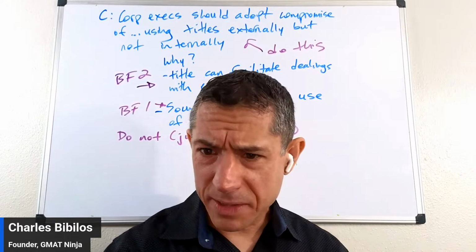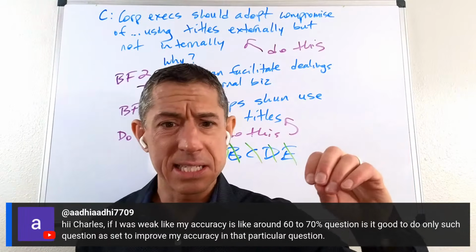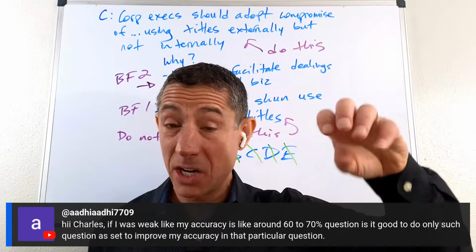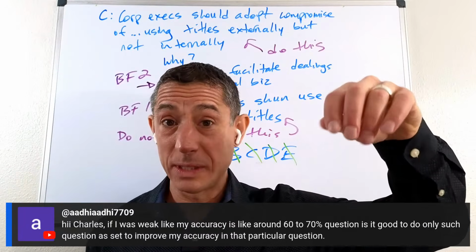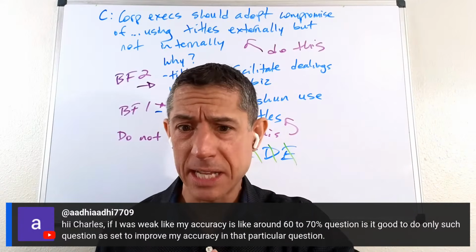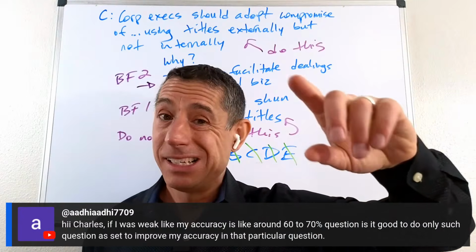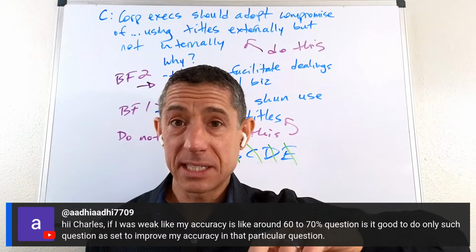Good question here, if I'm reading this correctly. This week, my accuracy is around 60 to 70%. And I assume what you mean here is on a certain question type. So let's suppose that you're getting, I don't know, 60% right on boldface, but doing better on other question types. Should you focus only on those questions? I would be very careful with that for a bunch of reasons.